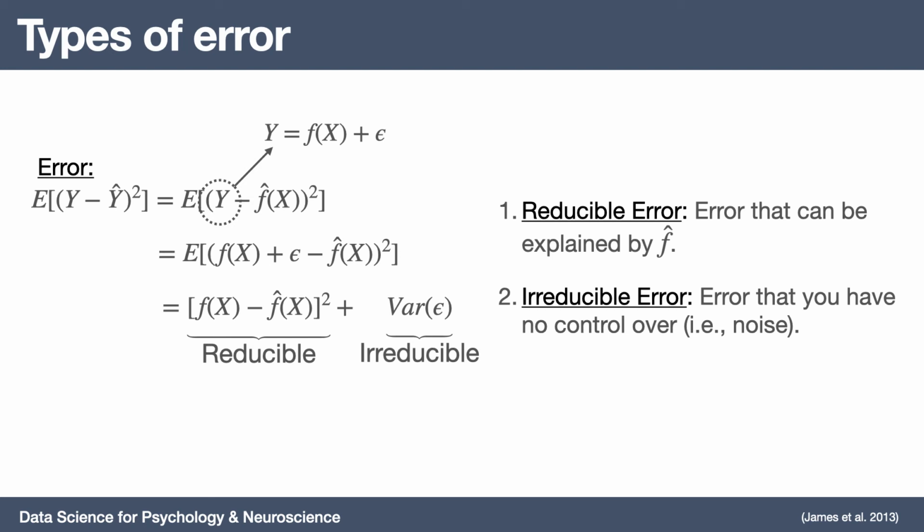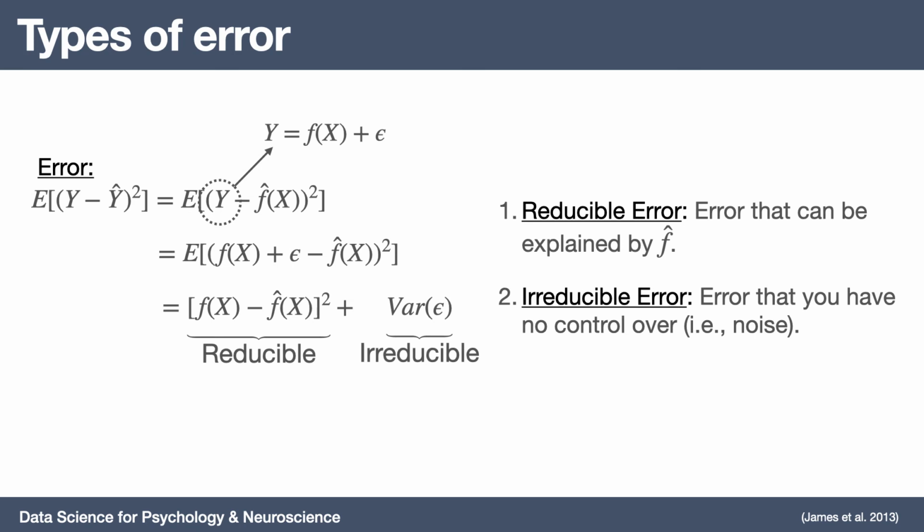So you really want to boil everything down to squishing and reducing that reducible error. If you do as best as possible at explaining y, so if your f hat of x equals f of x, all that should be left over is this unexplainable variance, this irreducible error in your model.